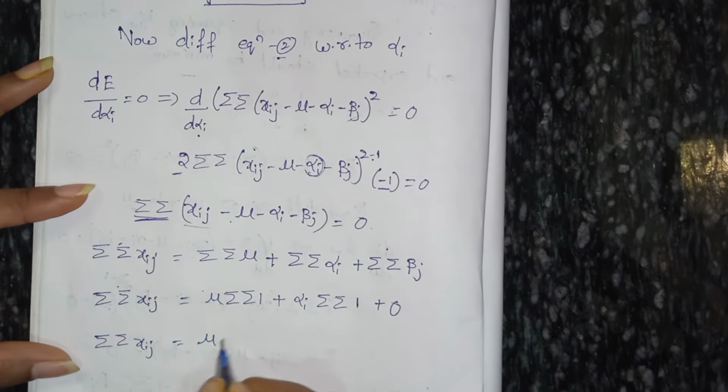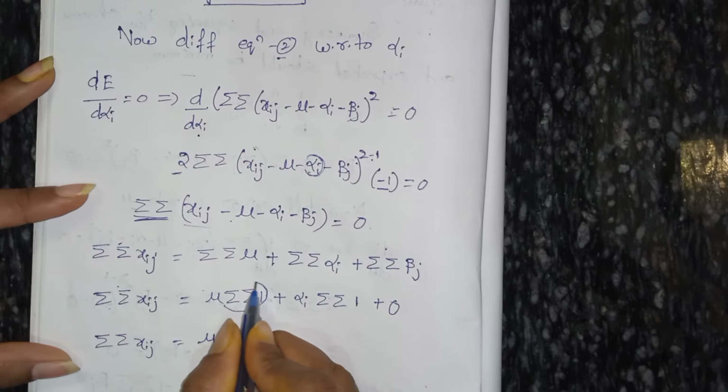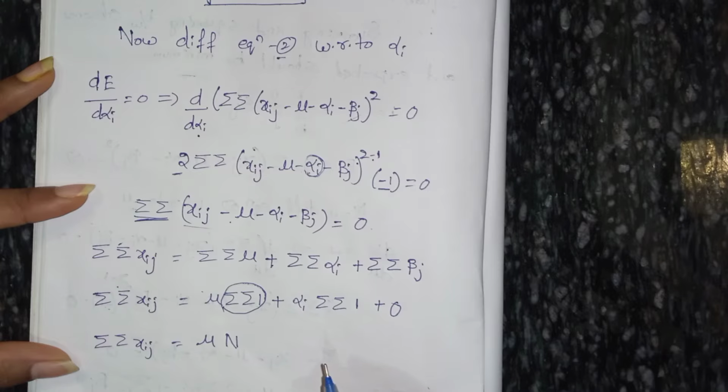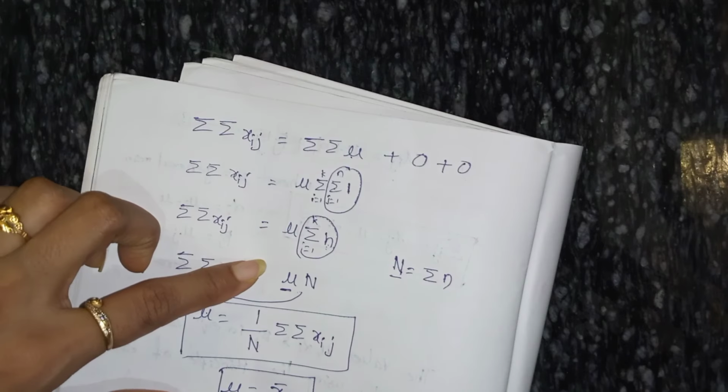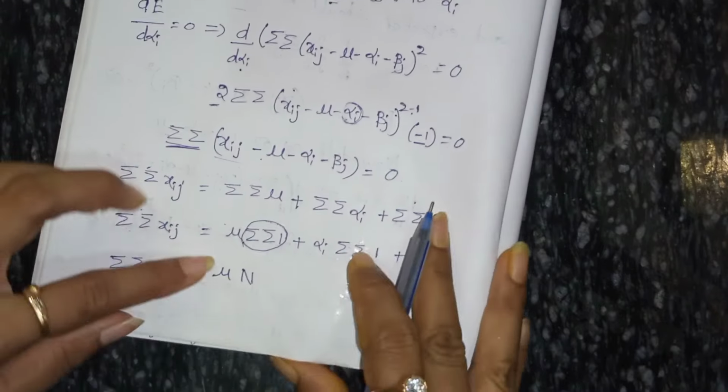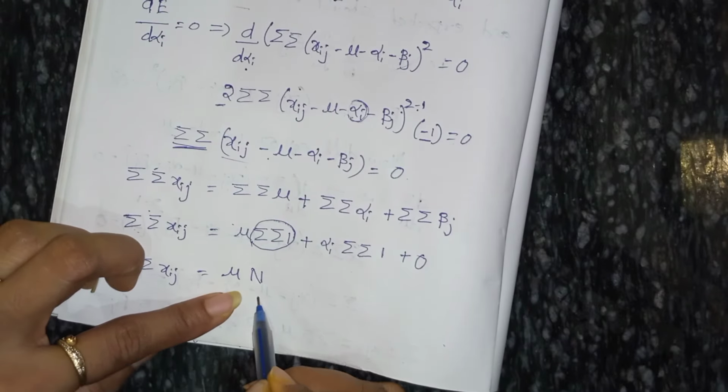So mu into this one we can write as capital N. Why? Because here we removed the two summations. At last we got capital N, so directly I am going to write this as capital N.